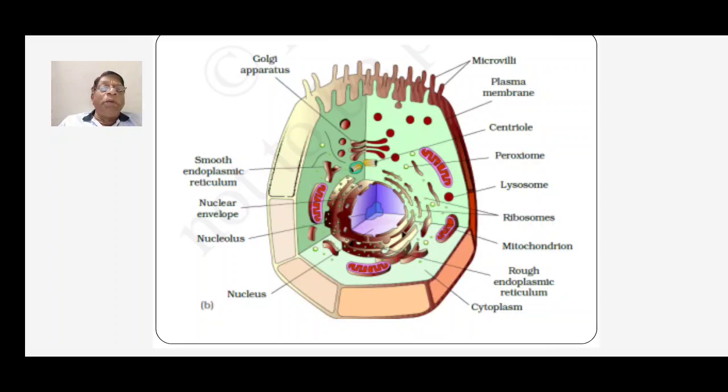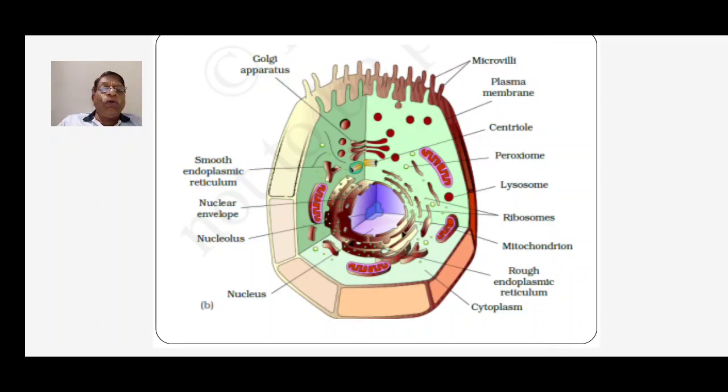Next, see the diagram. This plasma membrane actually forms what is known as microvilli. You can see the microvilli; you are going to study the details later on. Next to the cell membrane, you can see the living substance, the protoplasm.